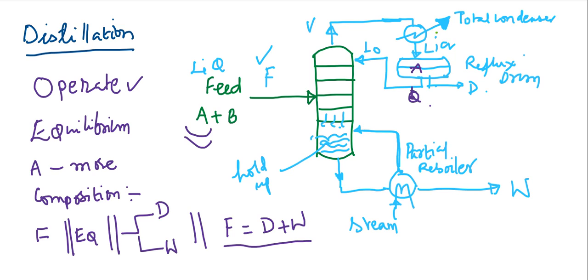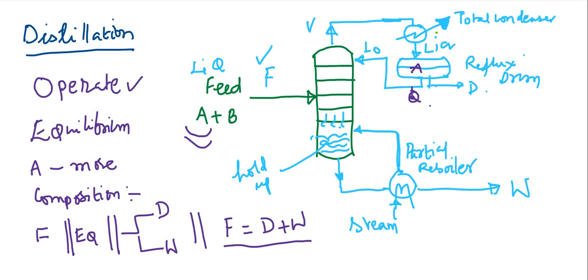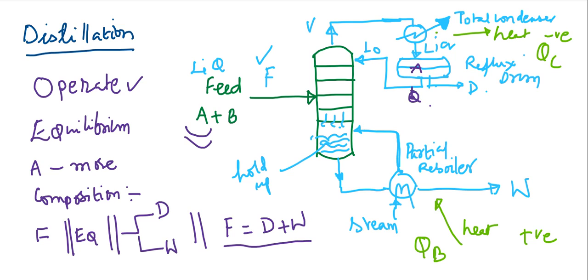Now, another small important aspect. We are supplying heat in the reboiler, and heat is removed in the condenser. These are known as QB and QC, the heat loads at the reboiler and condenser.